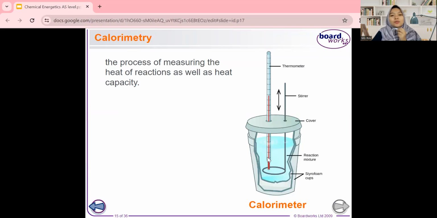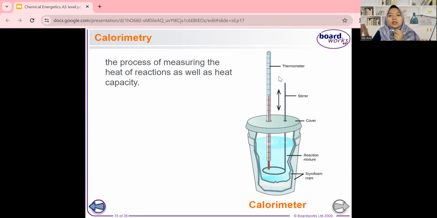Okay, so this is the look of calorimetry. Calorimetry is the process of measuring the heat of reactions as well as heat capacity. We will use the apparatus named a calorimeter, and this is the set of the apparatus.